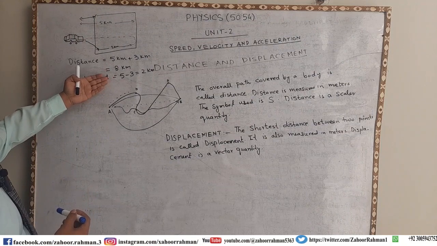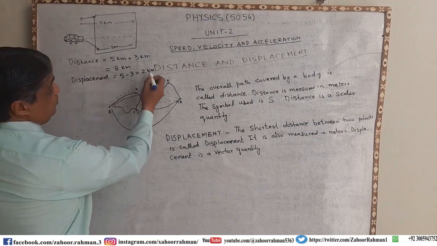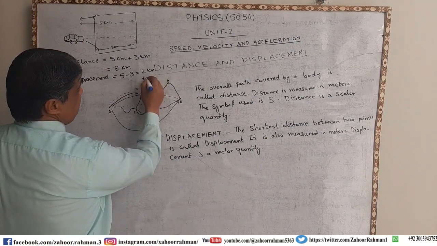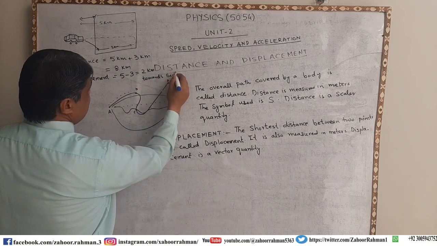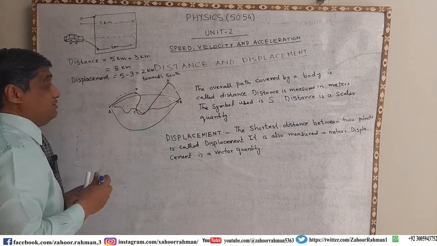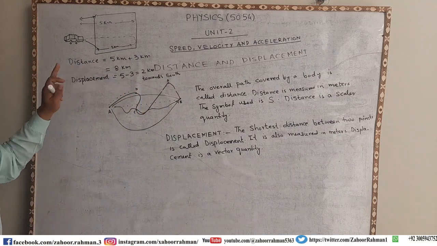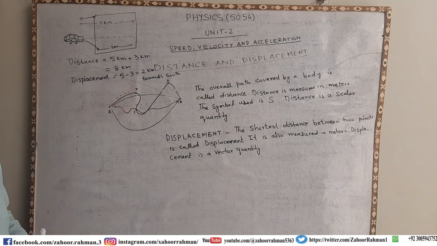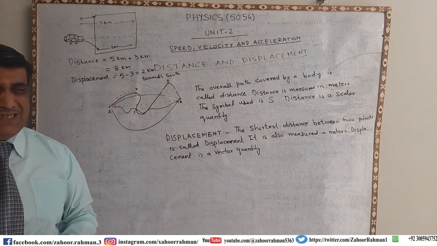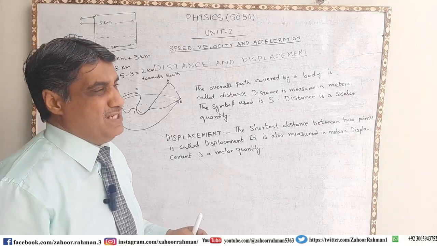South. So in this case, you will set 2 kilometer towards south. If it is displacement, the direction must be there. In the case of distance, there is no need of direction. But in this case, there must be a direction. Okay, ladies and gentlemen, this is the difference between distance and displacement.